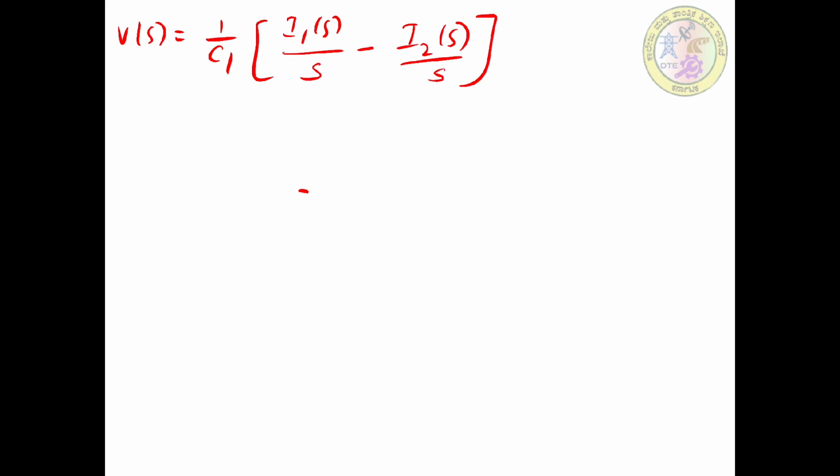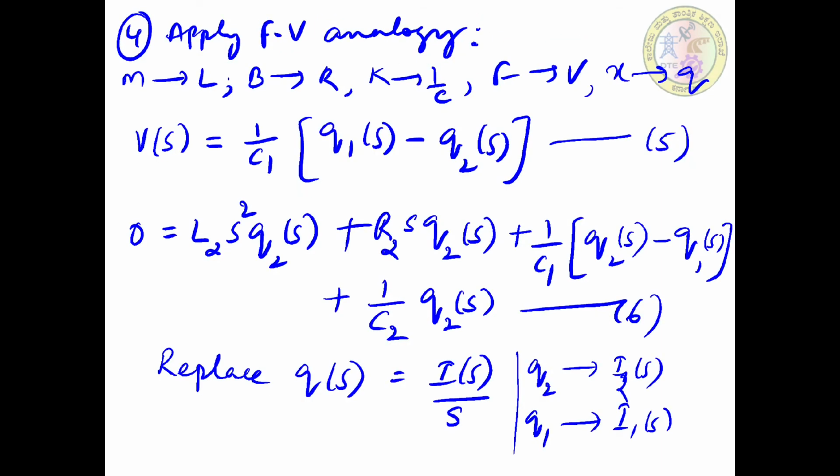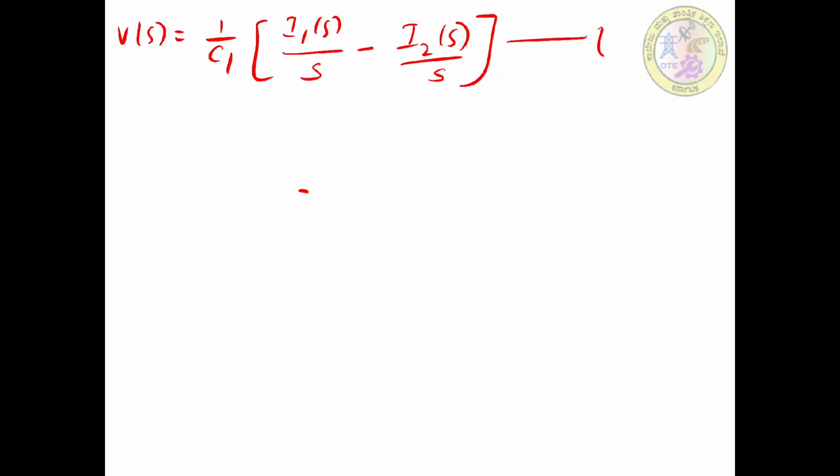We have V(s) equal to 1/C1 into (I1(s)/s − I2(s)/s). This equation will be 7.